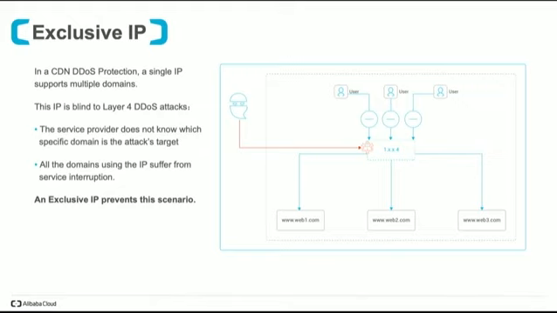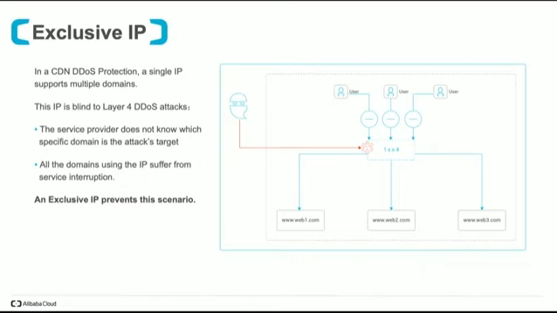So this is the architecture of a CDN plus Anti-DDoS. If someone sends attack traffic towards this platform, as we can see, there are 3 websites running behind the same cluster. The cluster has a common interface.